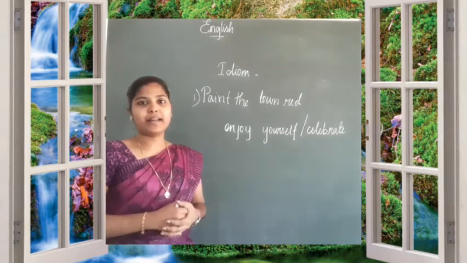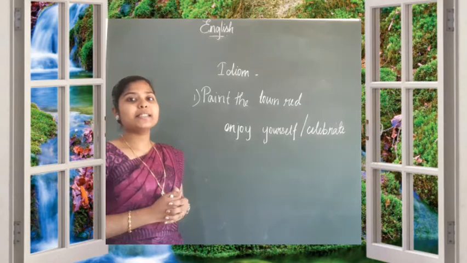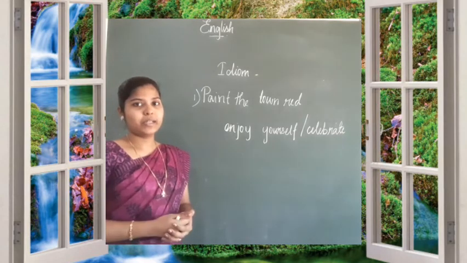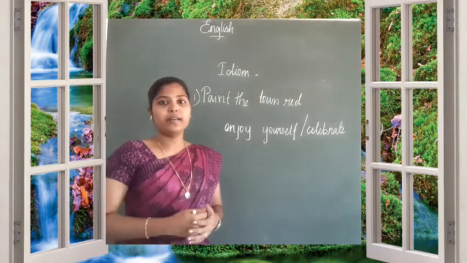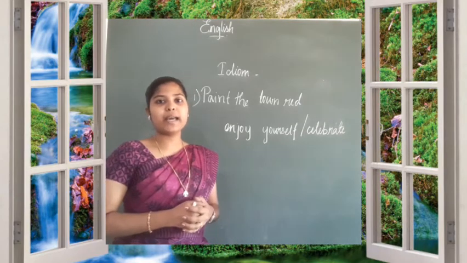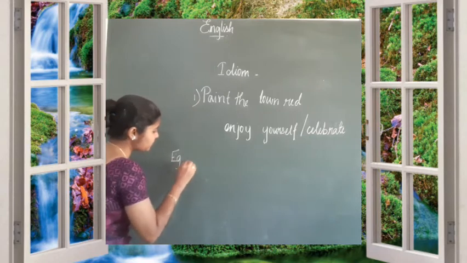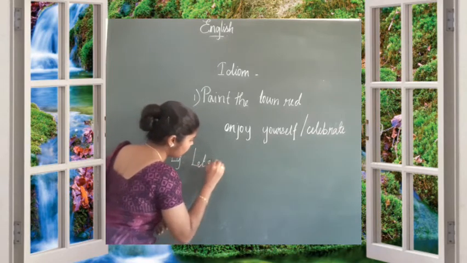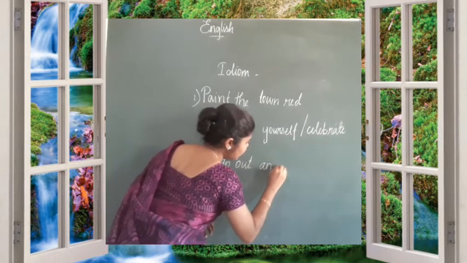Let's enjoy the party. We usually say that, right? So instead of that we can use let's paint the town red. Let's paint the town red means let's enjoy, let's celebrate. I'll write an example here.